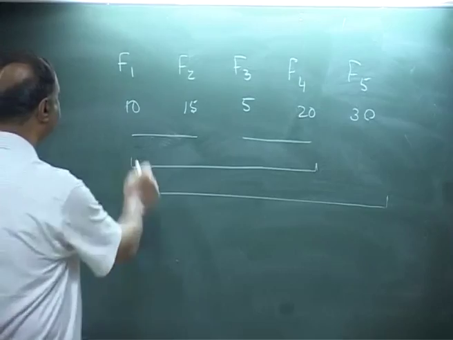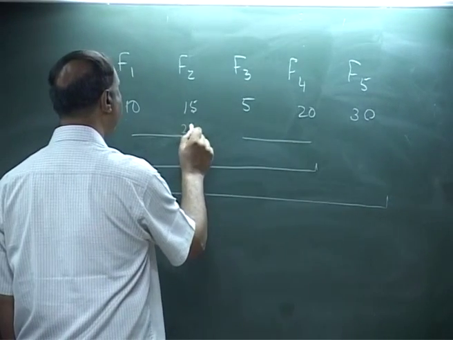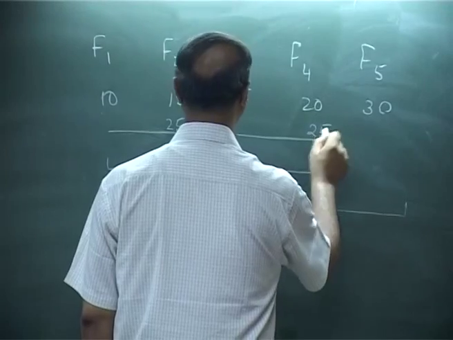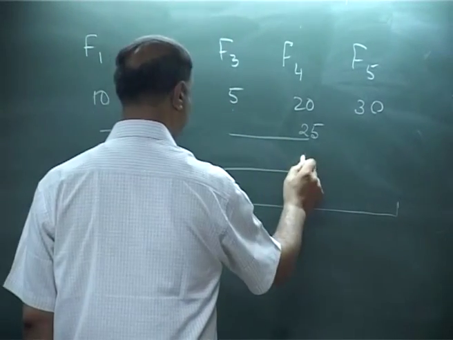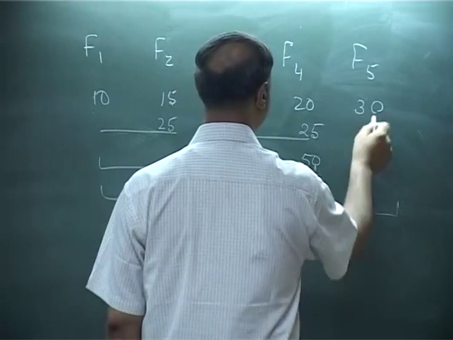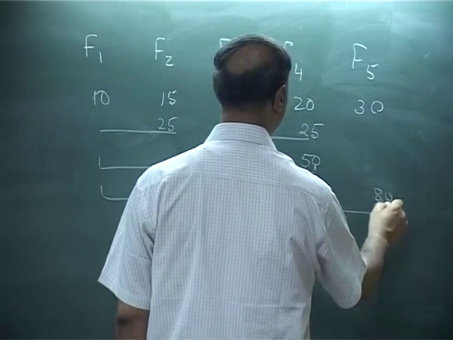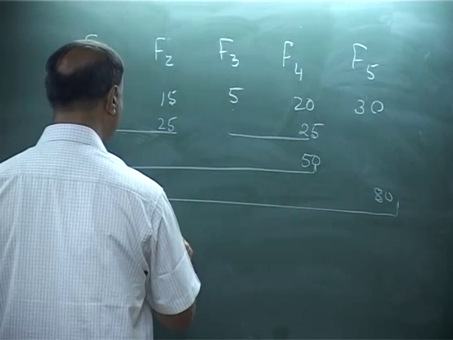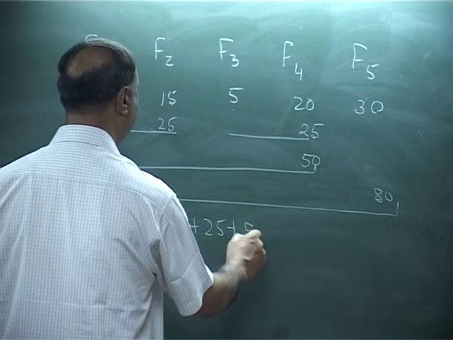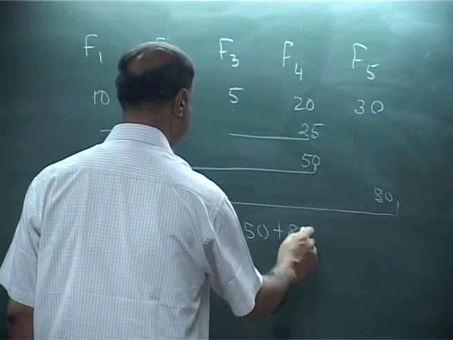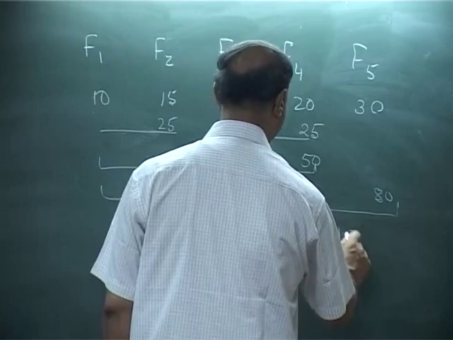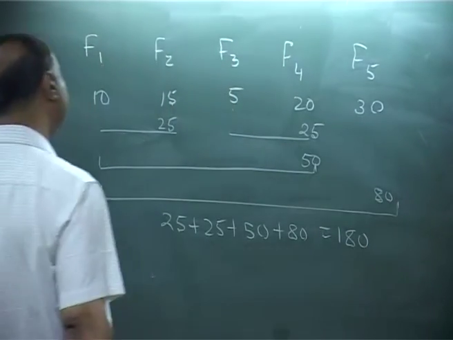To merge these two files, you need 25 record movements. To merge this, again 25. Now to merge these two, you need 50, and to merge this with this, you need 80. So the total number of record movements becomes 25, 50, and then 80.